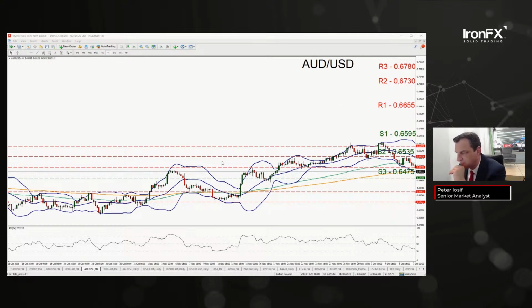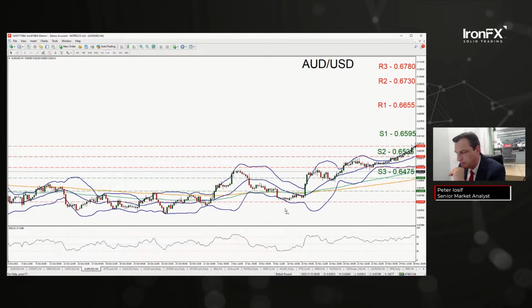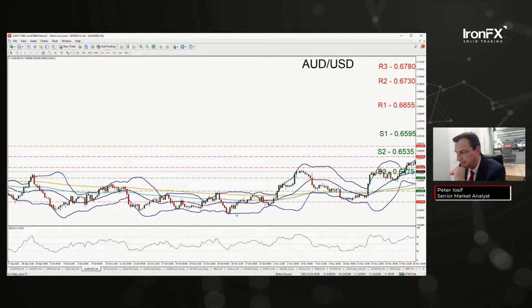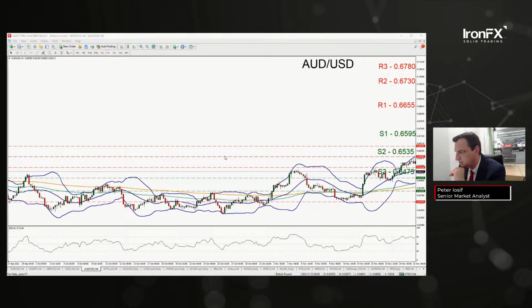Let's check this out first in detail. Yeah, it still holds. And the last support line being set at 0.6340 was tested here. It could go even a bit lower, but I'm going to be keeping that as the next possible support line in green.